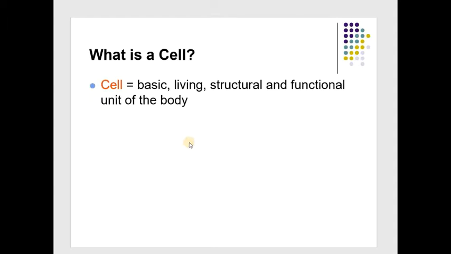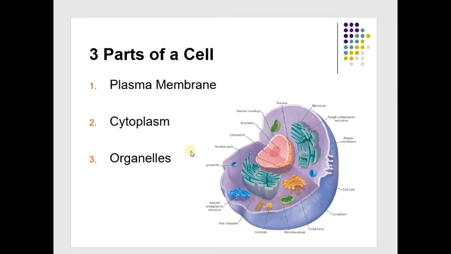Okay, so let's start with the basics. We've got three main parts of a cell. We have the plasma membrane, we have the cytoplasm, and the organelles. The plasma membrane is the material that encases the cell and divides the inside of the cell and all of its parts from the outside world.